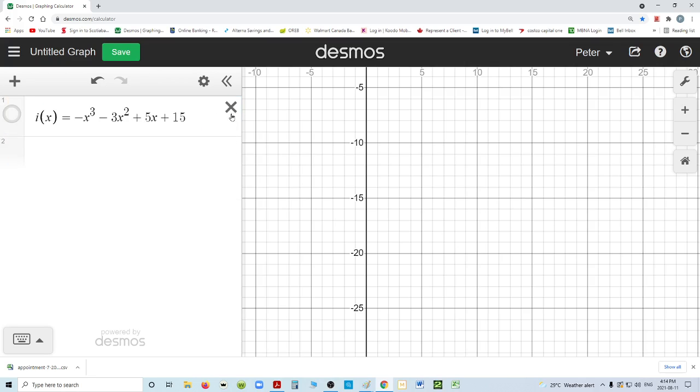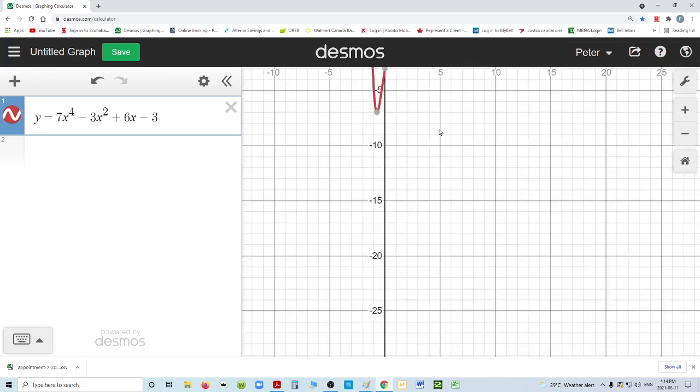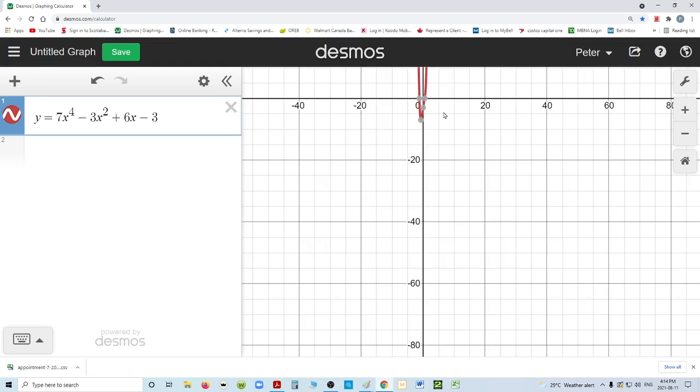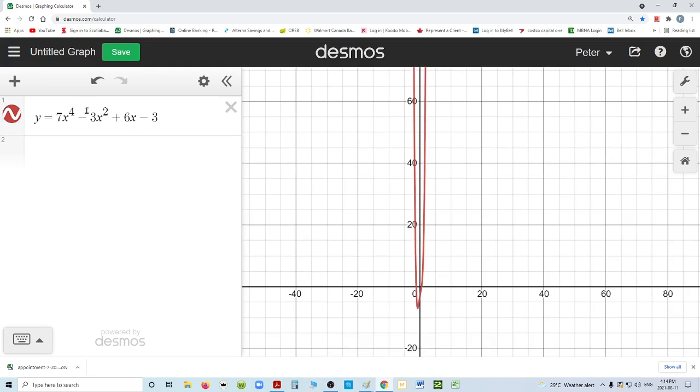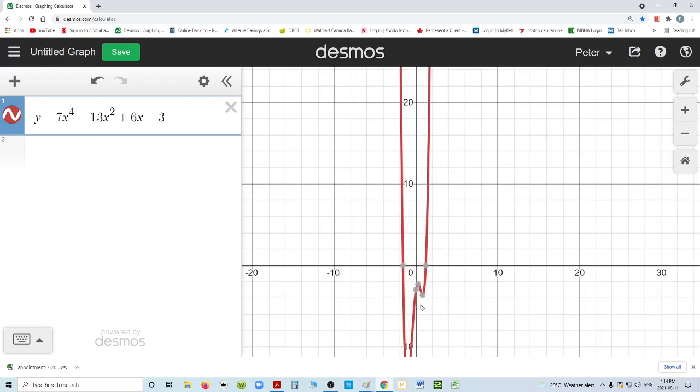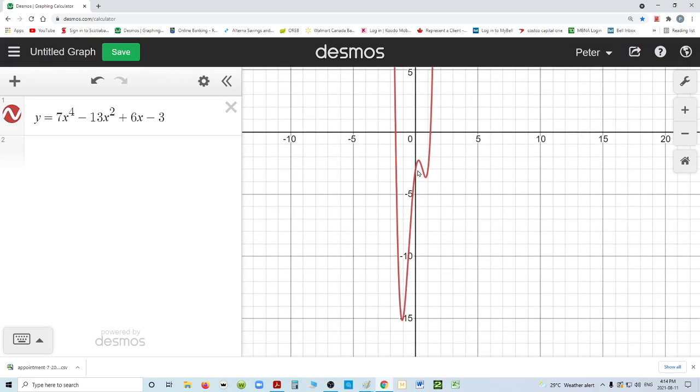Most cubics don't look as good as parent cubics, but most cubics look like this. Did it do it? No, it didn't. Let's see if that'll do it. Oh, almost. You're usually going to have a little turning point like that, like a W. A good one would be to do it like this.